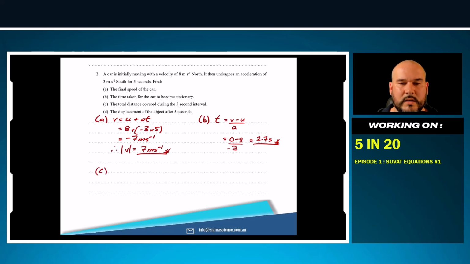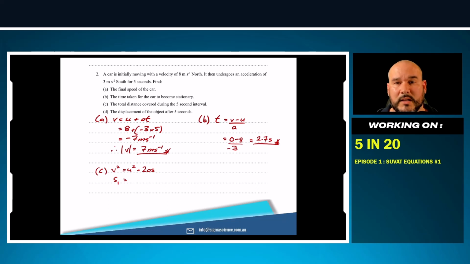So our first thing, we figured out the time that it takes for it to turn around, but I know it's a bit easier for us to use this v-squared equation, because with the v-squared equation, the conditions are always the same, and that is it turns around when v is equal to 0. So here we've got v squared is u squared plus 2as.